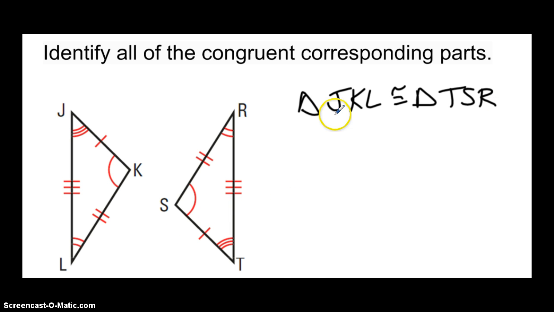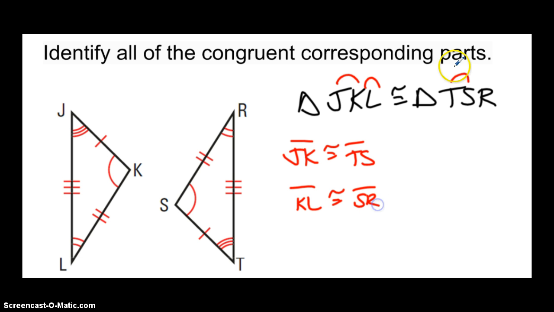But watch what happens without looking at the picture. So pretend it's not there, okay? That means that segment JK is going to be congruent to segment TS, right? And KL is going to be congruent to SR. And JL is going to be congruent to TR.